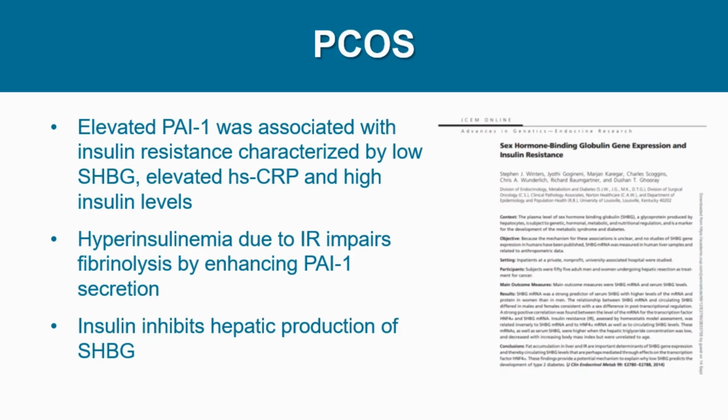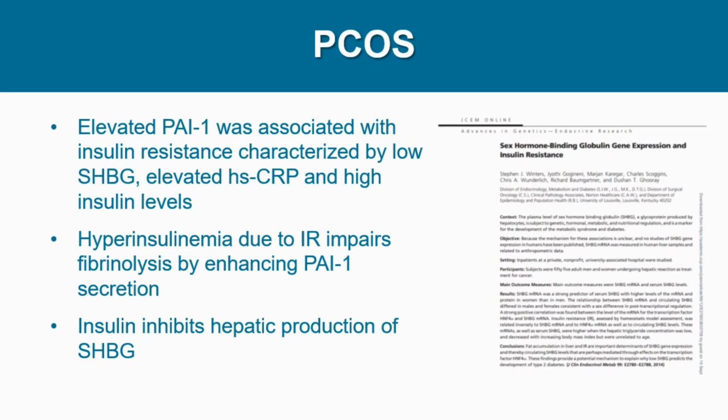Now, here's the thing. Women with PCOS are more prone to developing insulin resistance, and that's seen with high insulin levels, poorly managed blood fats, hypertension, high blood pressure, and obesity. And these are all components that increase the risk of a lot of different things.